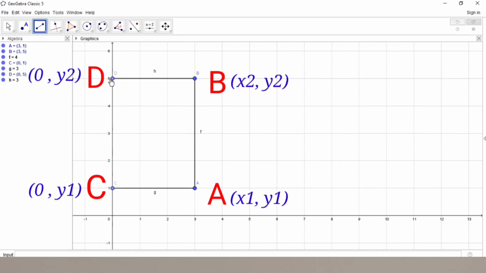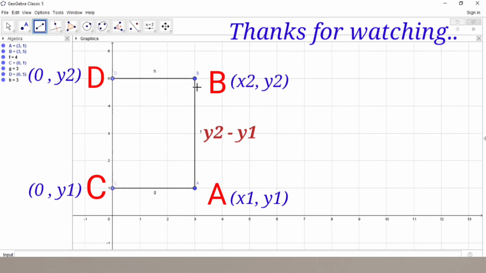And we have studied that if there are 2 points on y-axis, the distance between these 2 points is found by using the formula y2 minus y1. And as quadrilateral ABCD is a rectangle, the distance between point A and B is also found by the same formula, that is y2 minus y1. So this is the formula by which we can find the distance between any 2 points if the line segment joining those 2 points is parallel to y-axis.